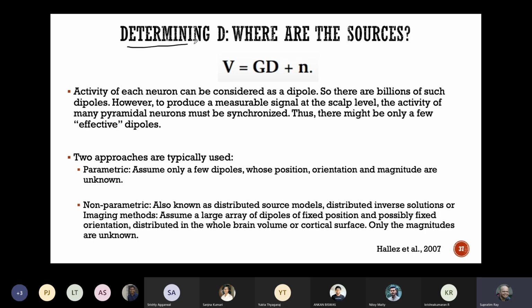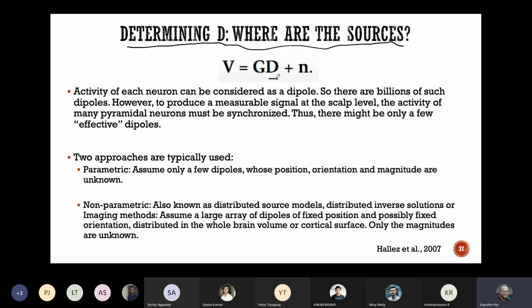Now I need to determine D, where the sources are, and there are a couple of different approaches that I could use. So here's the idea. The activity of each neuron can be considered as a dipole. So there are billions of such dipoles, right?